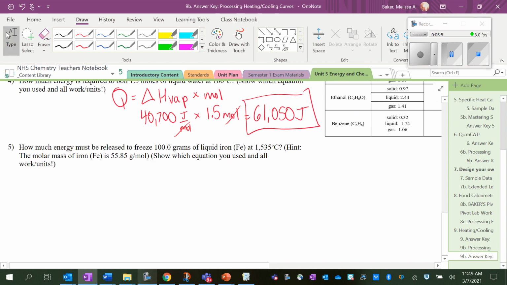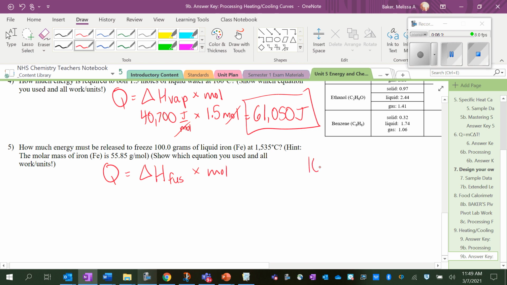Okay, one more problem. How much energy must be released to freeze 100 grams of liquid iron at 1,535 degrees Celsius? Hint, the molar mass of iron is 55.85 grams per mole. Show which equation. Well, that is the heat of fusion times moles, and all of your work in units.